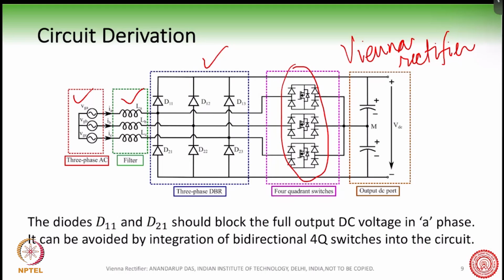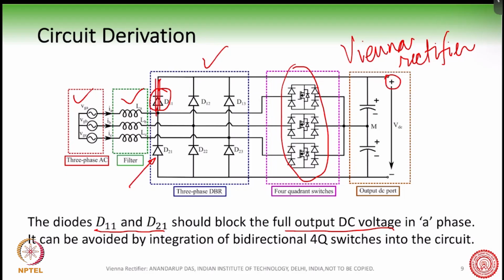Now, one thing that we can observe here is that these diodes D11 and D21 should block the full output DC voltage in A phase. So, for example, if this diode is conducting, then this diode has to block the entire DC bus, right?